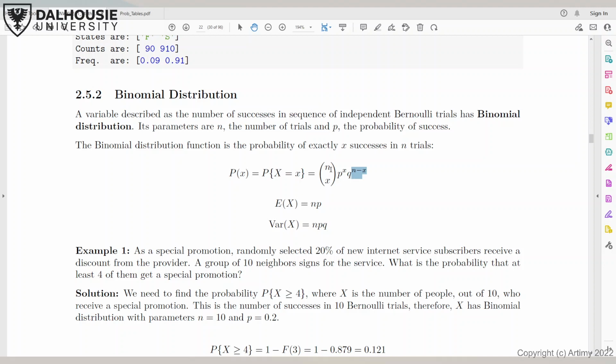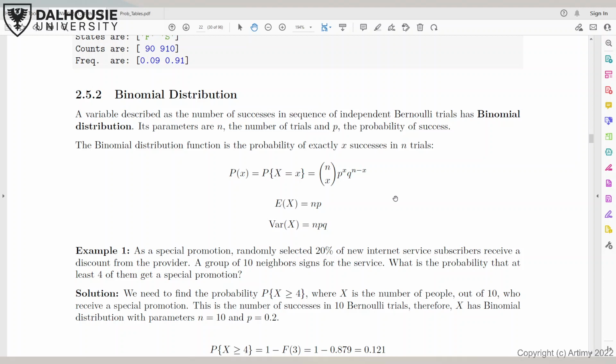This is n factorial divided by (n minus x) factorial divided by x factorial. So a huge number. And q to the power of 100 minus 5, that's q to the power 95, also a huge number, right? So at some point, calculating this becomes a challenge.